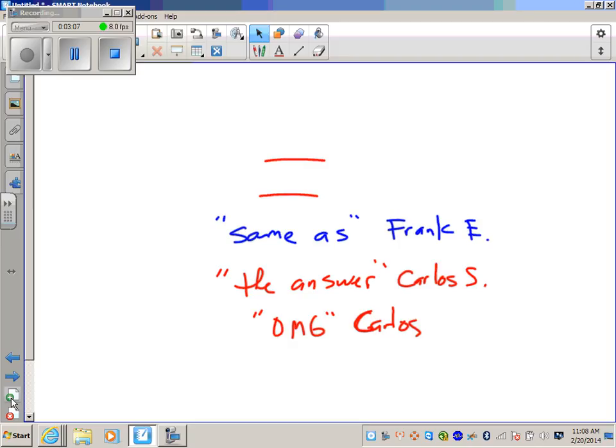I'm going to tell you something, though. The problem is, this is not necessarily what the equal sign tells us.